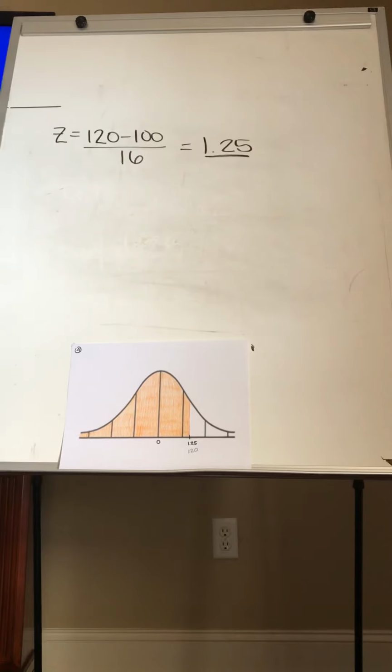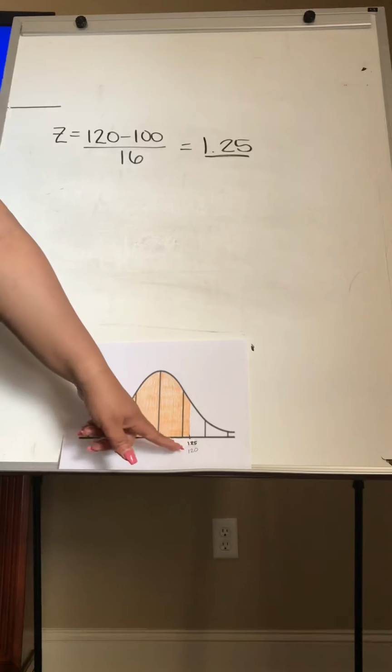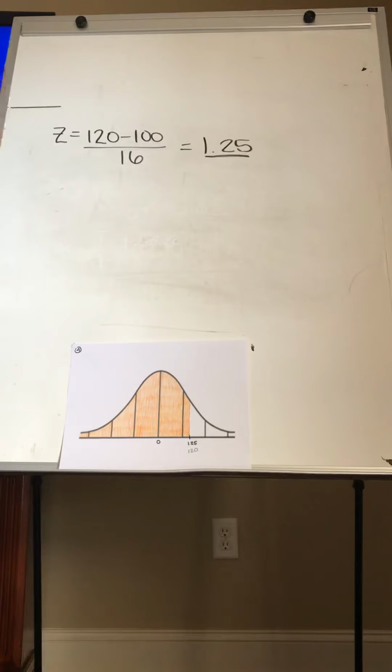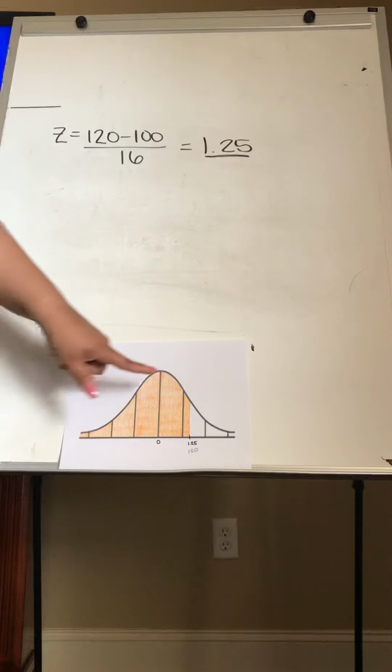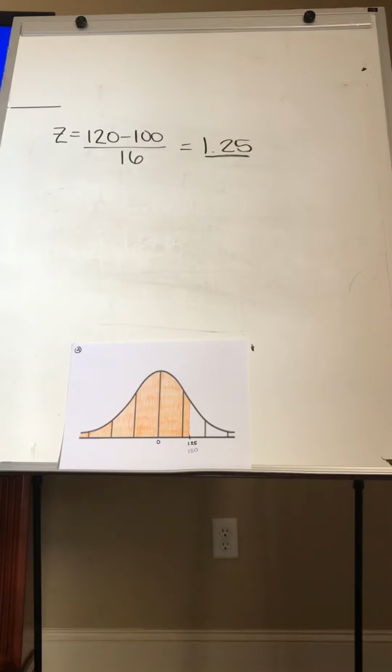Now, if you look at the Bell, I put 1.25, which is 120, and it says less than 120. It doesn't give you an actual stopping place, but it wants you to shade everything that is less, that would be going to the left of 120.